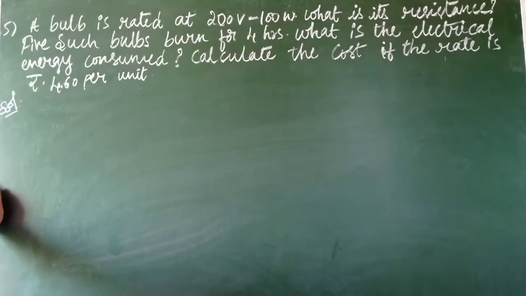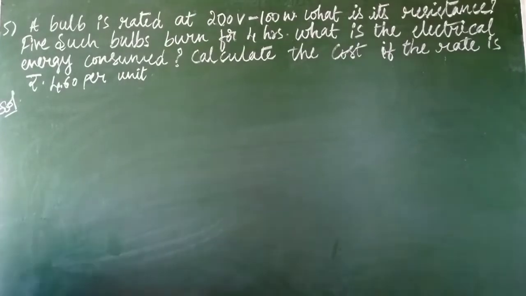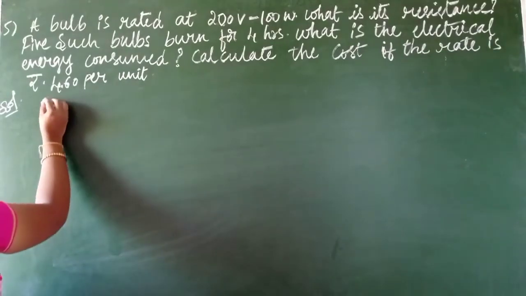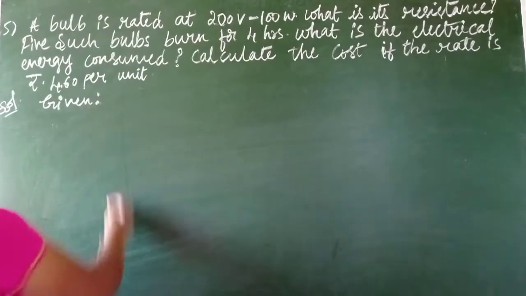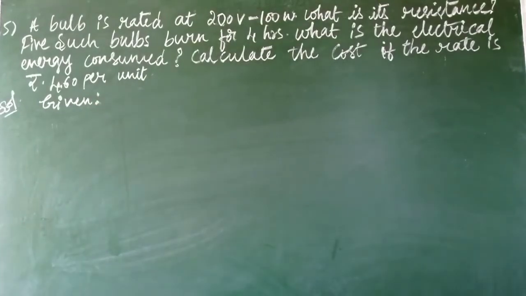And also, if 5 such bulbs are burned for 4 hours, they asked us to calculate the energy consumption. Here there is the E value, and after getting the E value we have to multiply with the cost. Then we will get the answer in rupees, children. So first we have to find the P value.